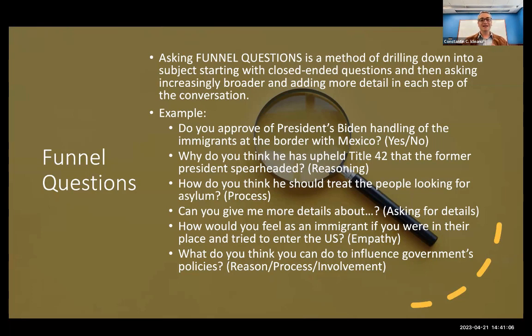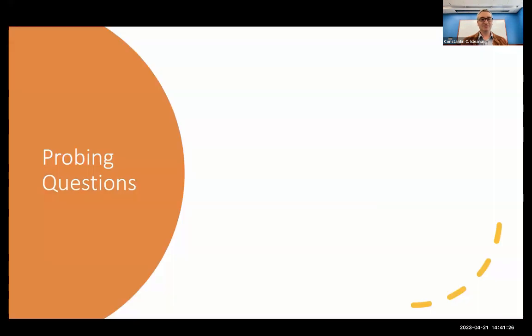So the first thing you ask is not the last question: What do you think you can do to influence the government's policies? Whoa, what are we even talking about, right? It's way too much, way too early. But if you've gone through all the questions one by one and built upon that point, then this makes sense and it will give you much better answers.